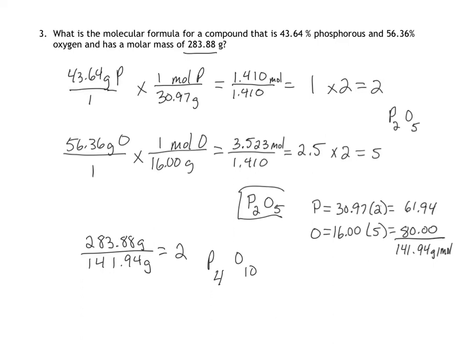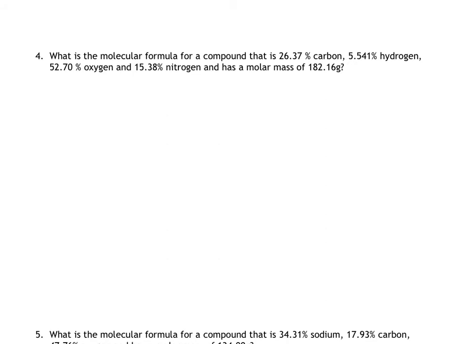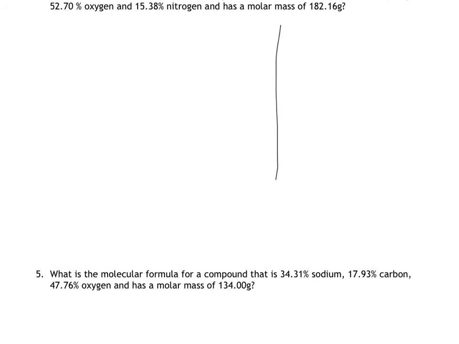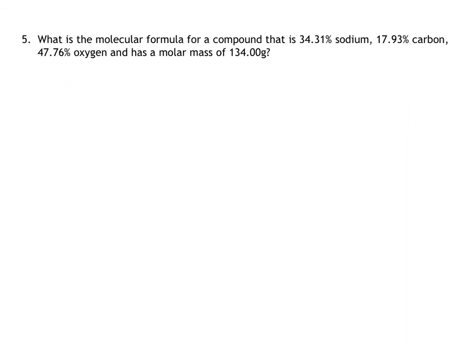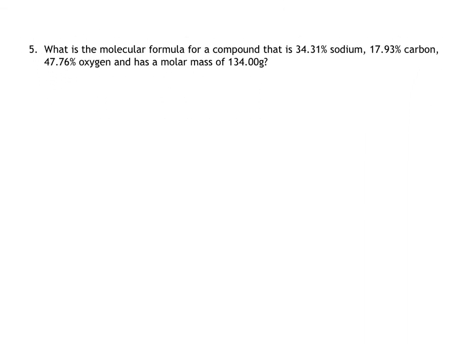Let's go ahead and work on the next. All right, so now I'm going to do the answer for number 5, if I can get this to move. There it is. Number 5. So, same thing we've been doing. I'm going to do percent to mass. So, 34.31 grams of sodium. Oops, let's do the correct symbol for sodium.